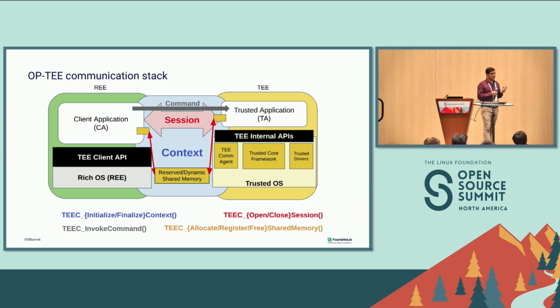So a client application can communicate with different trusted applications depending on whichever service is implemented by the corresponding trusted application. And then there is this command. This command is like function invocations into the trusted application to get corresponding secure services. And lastly is this shared memory. So we have the shared memory that can be dynamically shared with the trusted application, or it can be statically reserved as well. So that's how you provide zero copy kind of behavior.